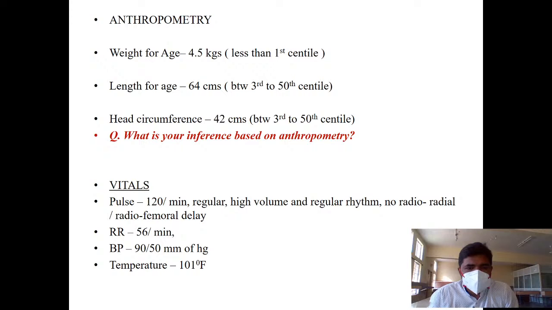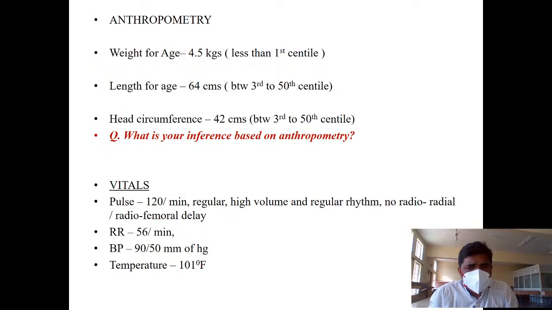While presenting the case to the examiner, don't say just the respiratory rate is 56 per minute; draw the conclusion. Say respiratory rate is 56 per minute and the child is tachypneic. Don't just go on to tell the findings like respiratory rate 56 per minute, BP is 90 by 50, temperature is 101 degree Fahrenheit. So conclude your findings.